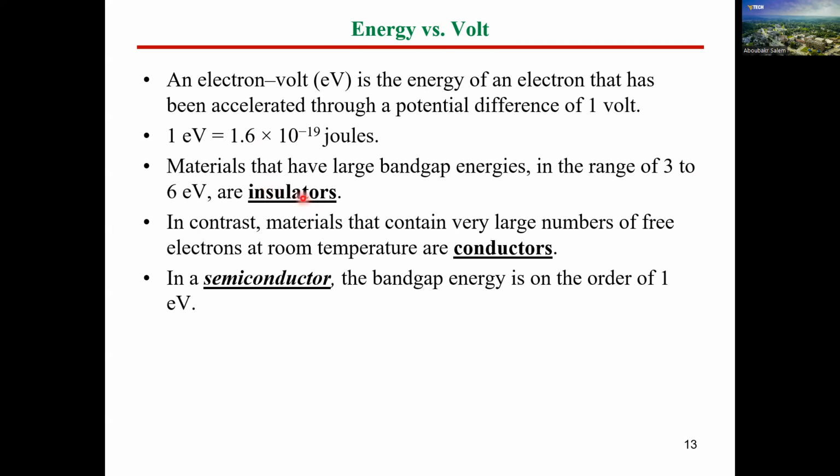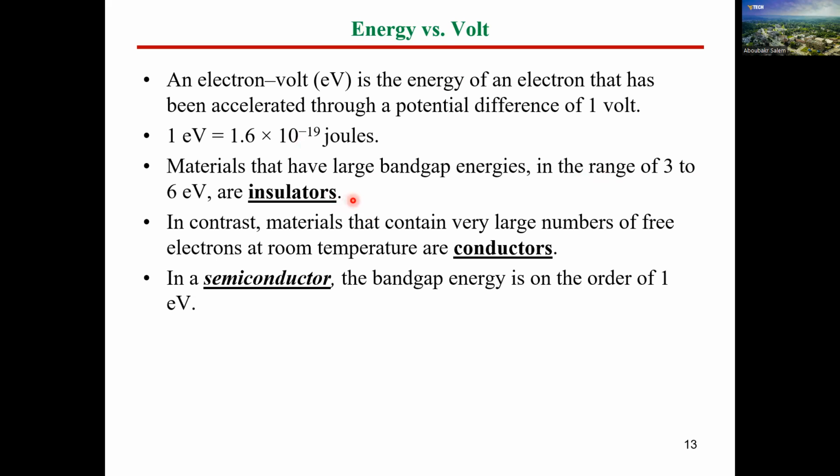Now, materials have different characteristics. We have conducting materials, we have insulators, we have semiconductor materials. How much energy do we need for every material to break the bond and start moving? For materials that have large band gap energies, in the range of 3 to 6 electron volts, we call them insulators.